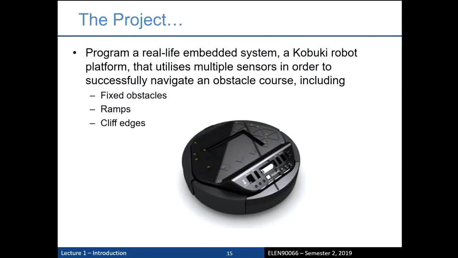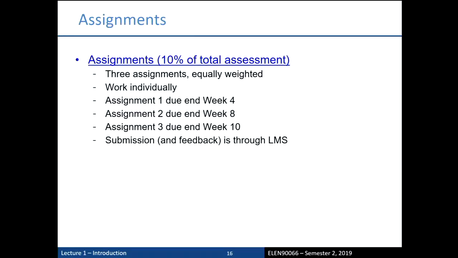Okay, so that's a bit of fun. As I said, it's in the dumb mode at the moment because it doesn't take into account any of its sensor readings, really.